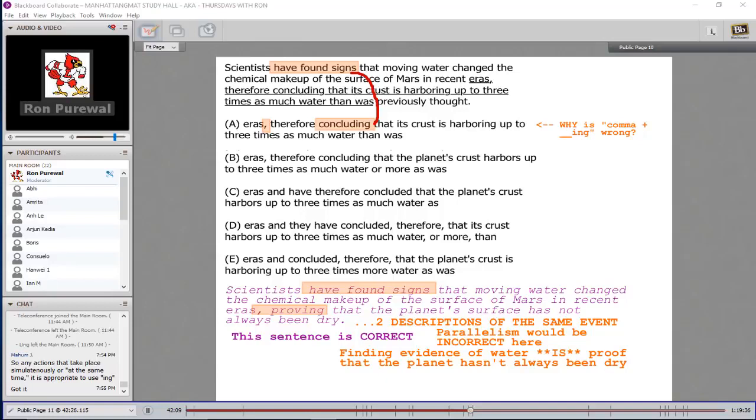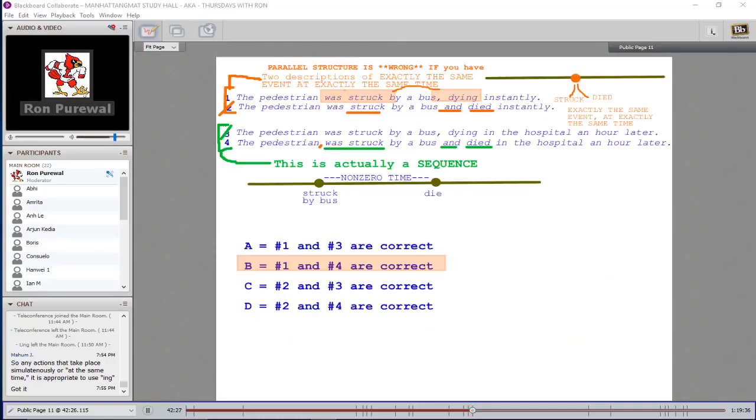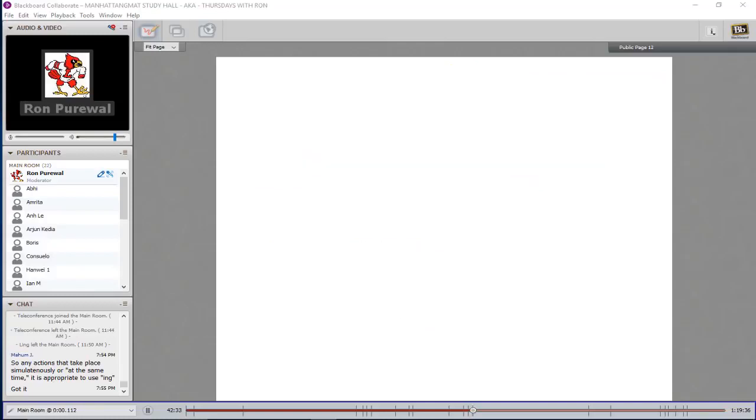It's really just knowing what comma-ing is. It's more knowing that parallelism is incorrect in a situation like that. If you say, I did X and did Y, you are implying that X and Y are different. If you think about bullet points in PowerPoint or something, you realize that you already know that. You just don't forget it for these problems, is basically the point.